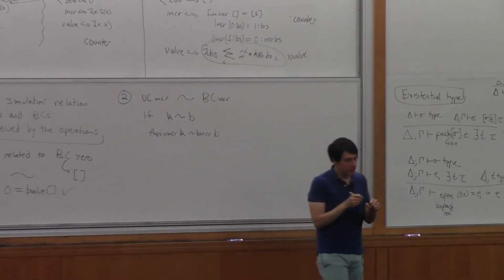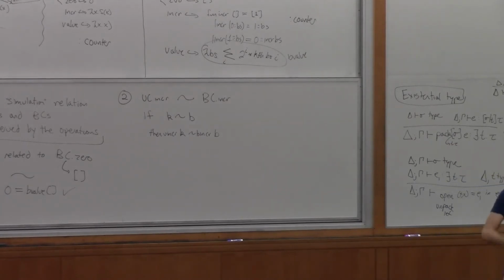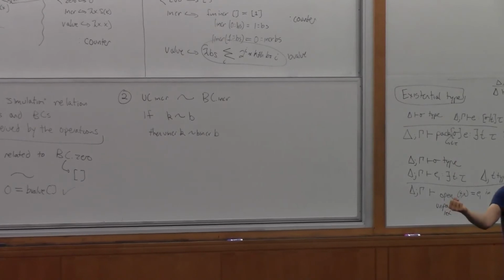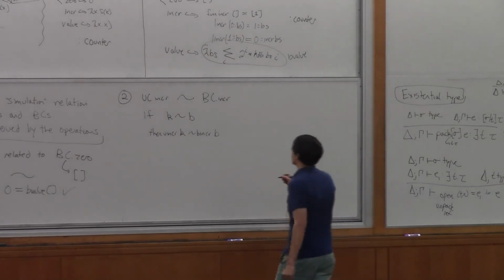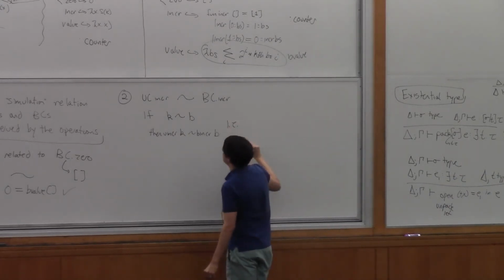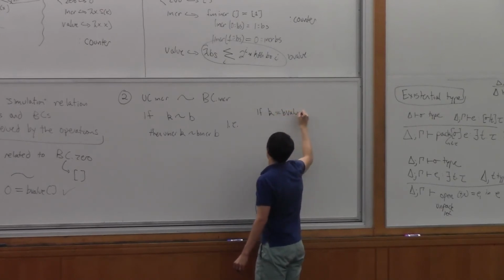So if I start with two related machine states, a counter representing 6 over here and a counter representing 6 in binary over there, and then I apply the addition function to this one, which takes a successor, and the addition function to this one, which does that little loop and adds to the bits, I need to know I get related things.